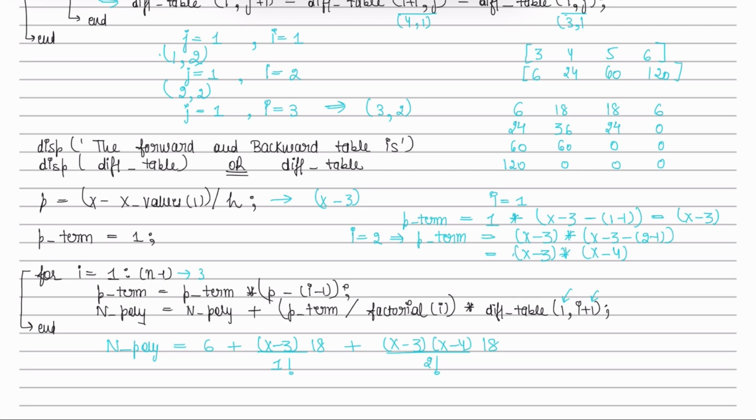Similarly, this loop will work for the value of I as 3 and the final polynomial will be constructed.